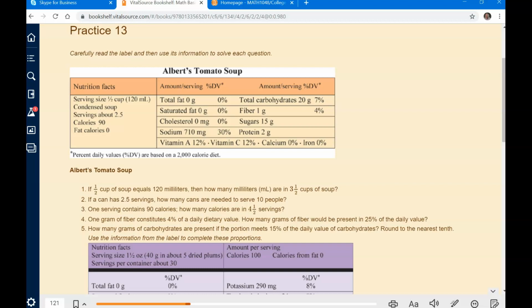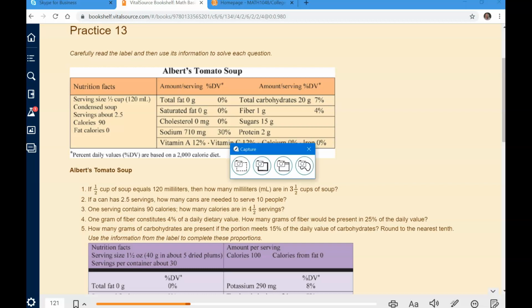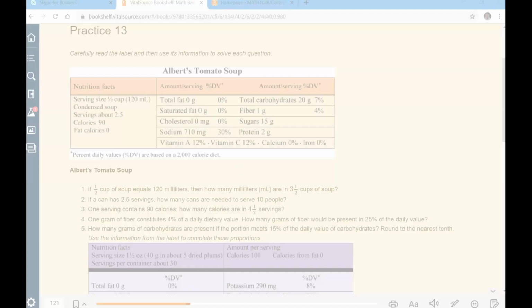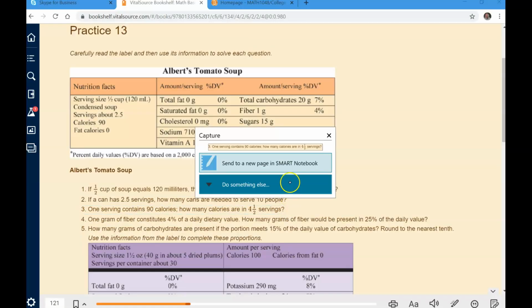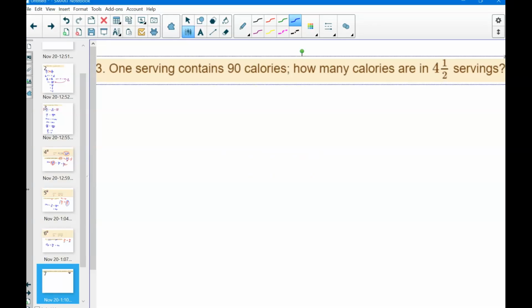Let's try this one here. If one serving contains 90 calories, how many calories are in 4.5 servings? I don't know.